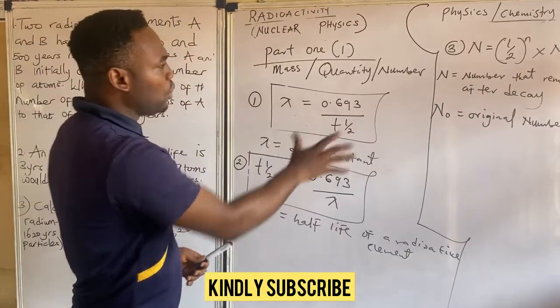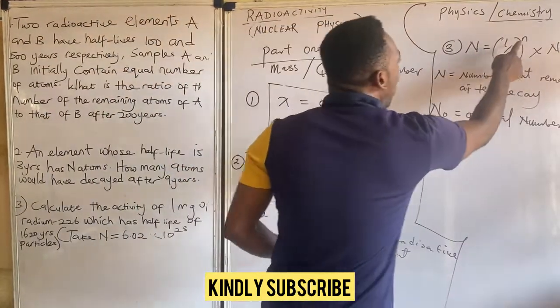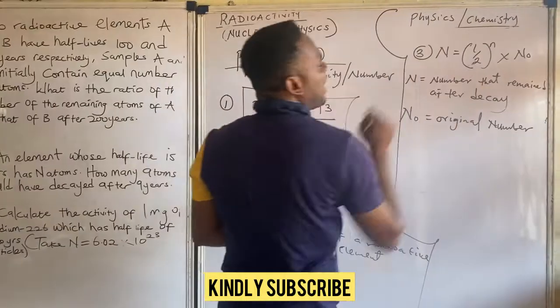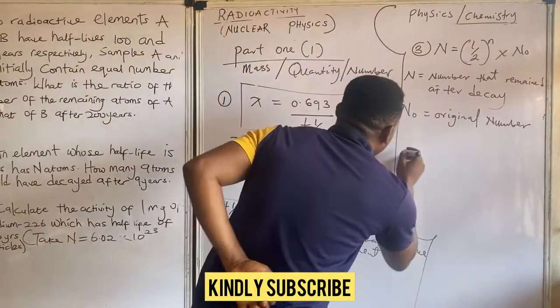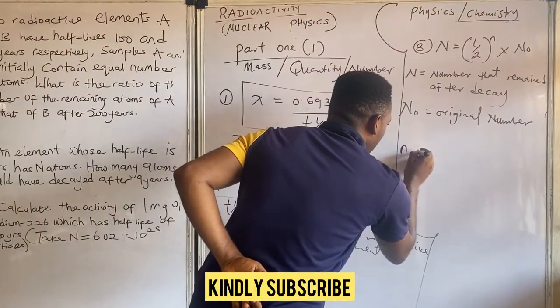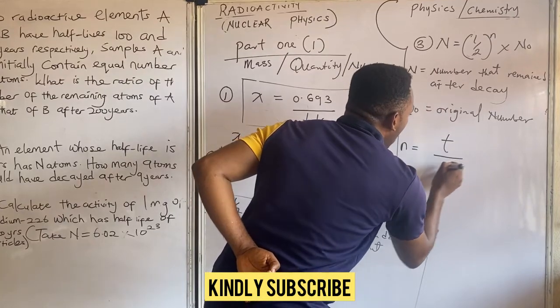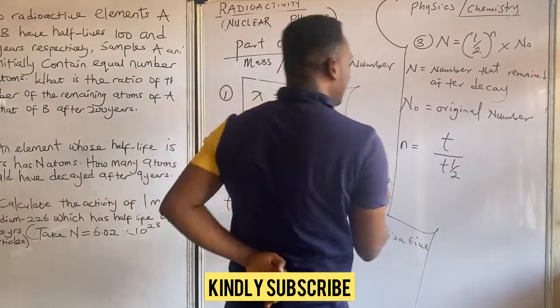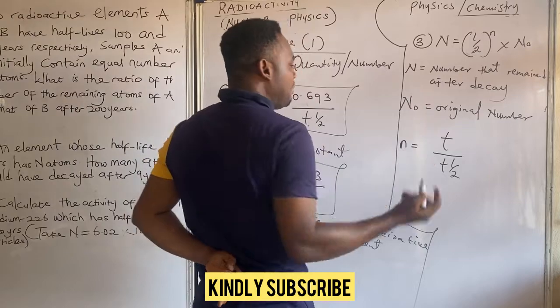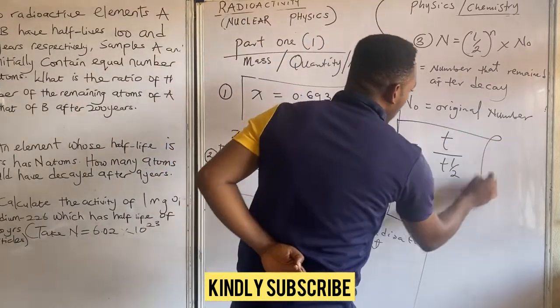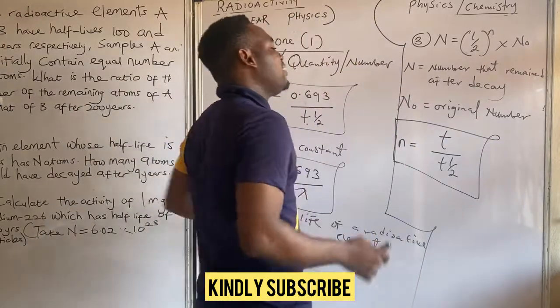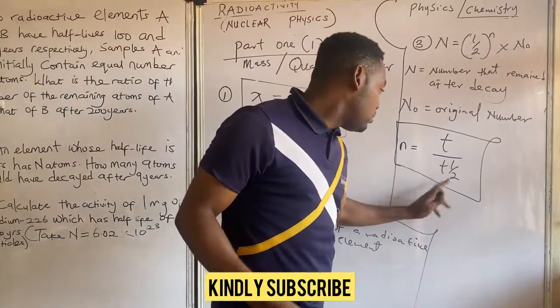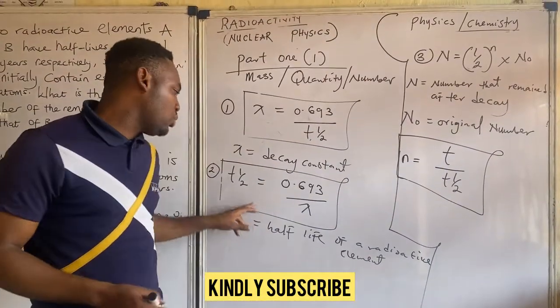Now, having said so, what about this small letter n that we are seeing there? What does it stand for? The n is equal to t all over what? T half. It has a formula. T divided by t half. Of course, I've already said what t half is. I've already told us here that t half is what?